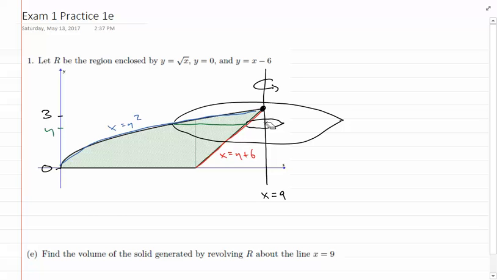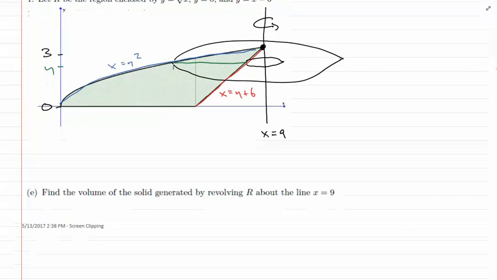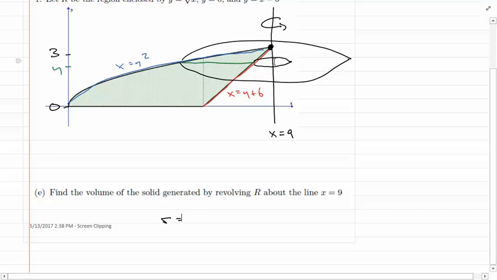The inner radius is actually going to be given by the red curve here. The outer radius is going to be given by the blue curve. The inner radius is the distance from x equals 9 to x equals y plus 6, so it's going to be 9 minus (y plus 6), in other words, 3 minus y.